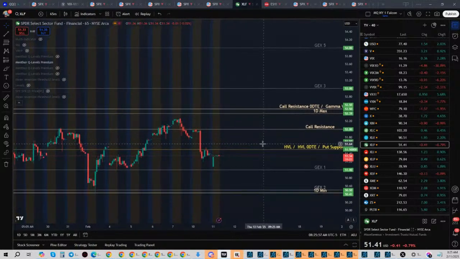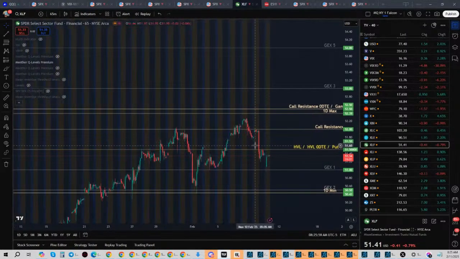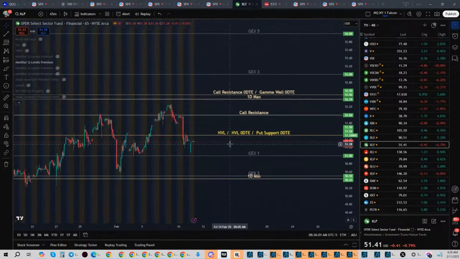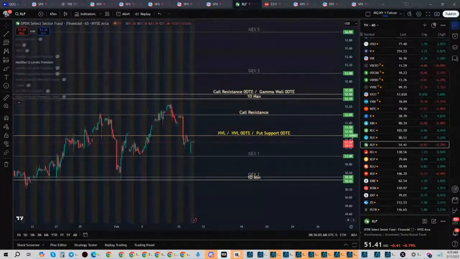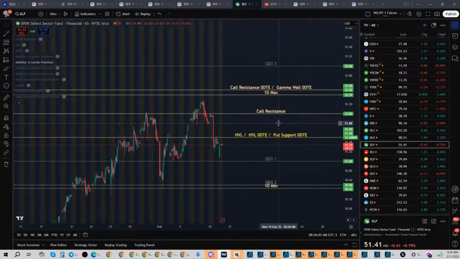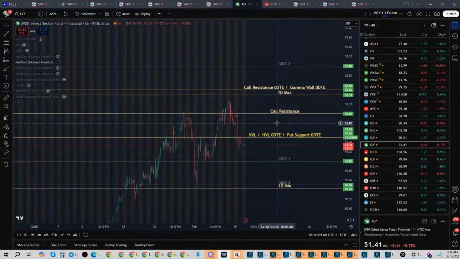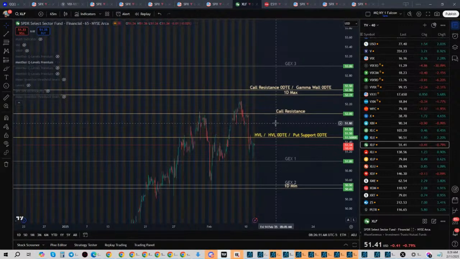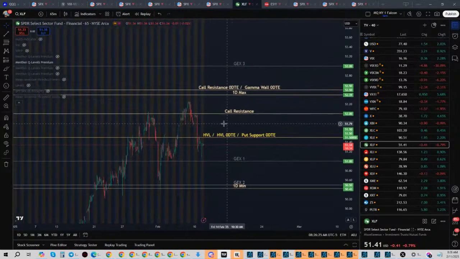XLF premium is actually kind of cheap. If one wanted to express a bullish or bearish bias in XLF, especially call premium is cheap. Now with the Trump deregulation narrative, bank earnings were basically all beating expectations.